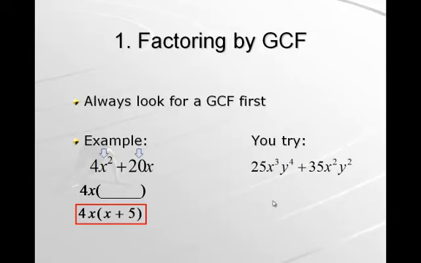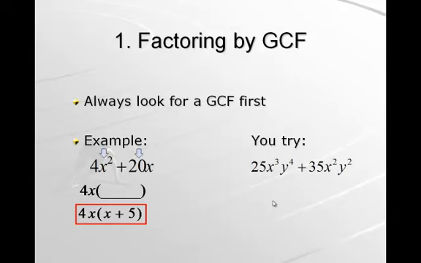Look now at the next example and see if you can identify what the greatest common factor is. Pause until you're ready. The greatest common factor for 25 and 35 is 5. This is the number that goes evenly into both of those numbers and is the largest one. Look also at the variables. We have x's in both terms and we have y's in both terms.